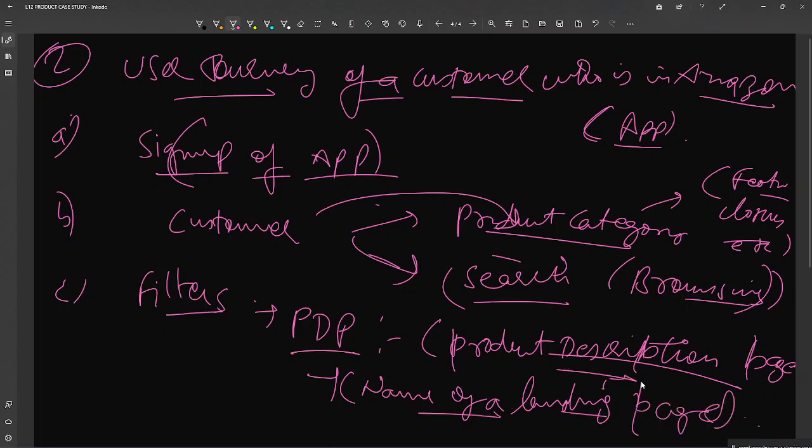So in this product description page there are filters of male, female, right? There is brand, size, everything is there. Okay, now what next?